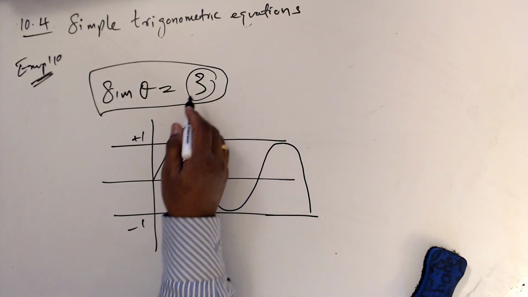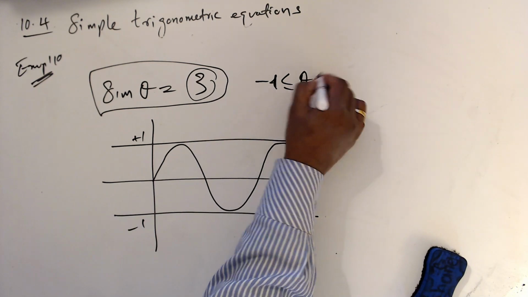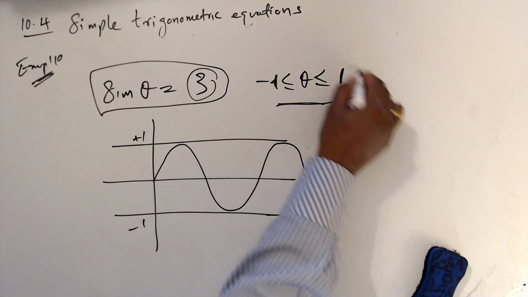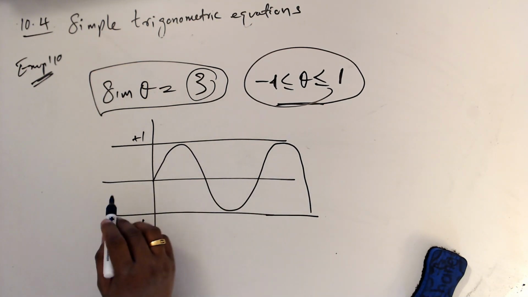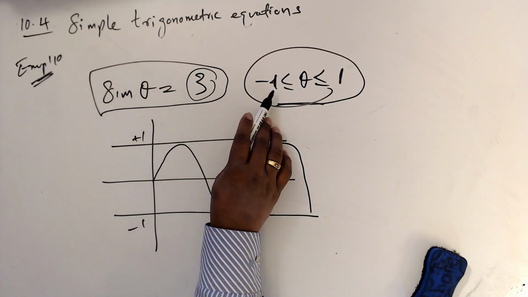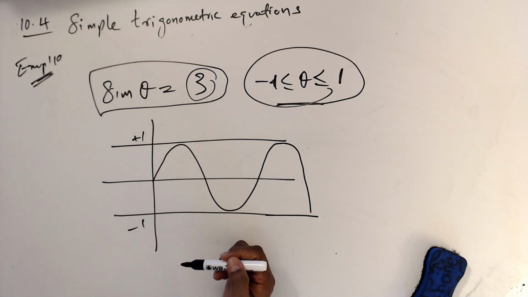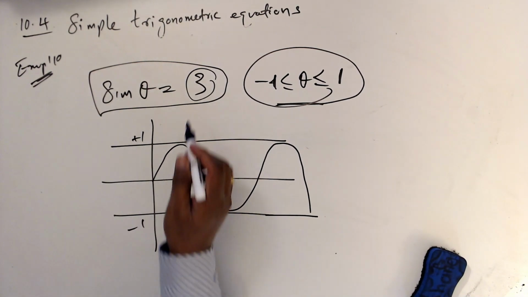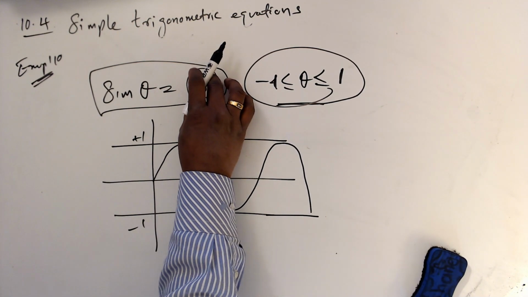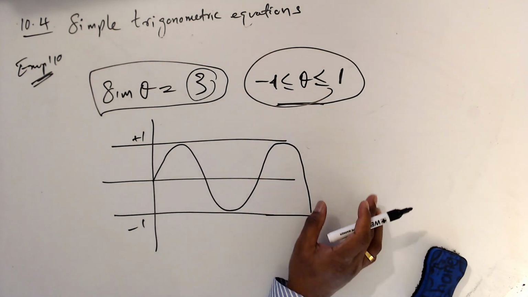The sine ratio varies from minus 1 to plus 1. Anything out of this range is impossible. This is not realistic. You can't solve this one. This value should definitely be between minus 1 and 1, including both.